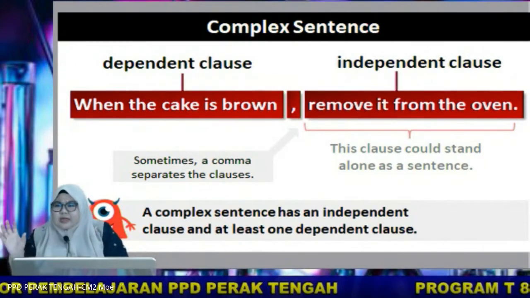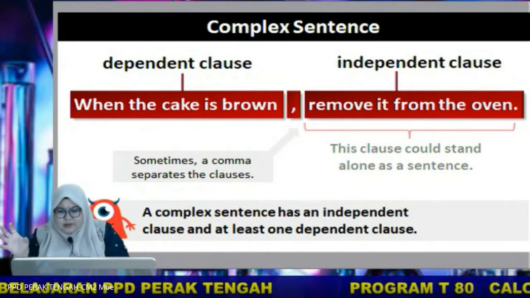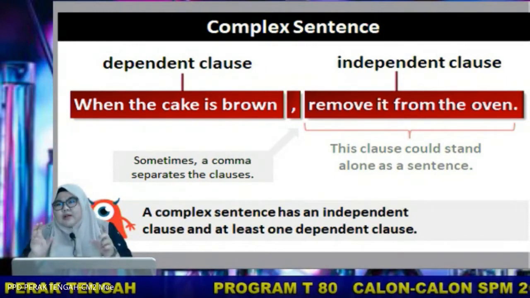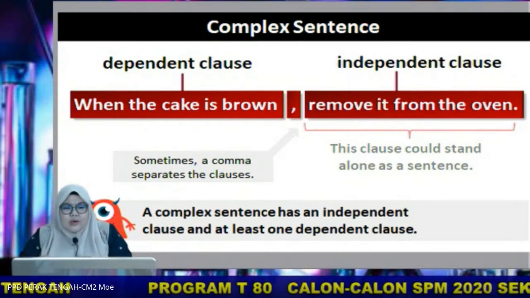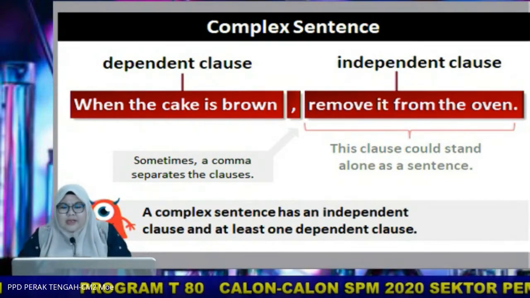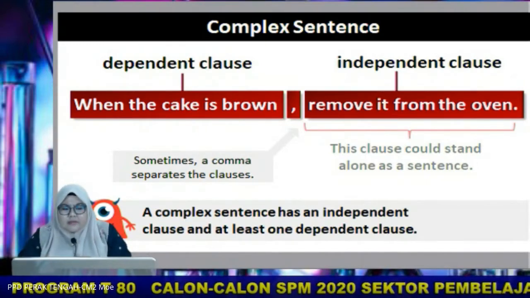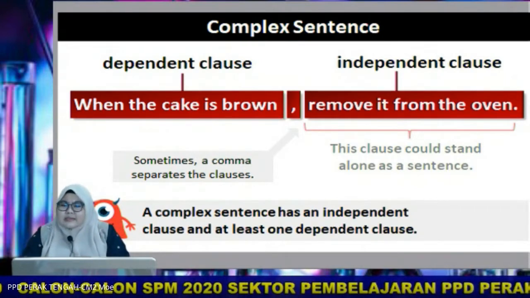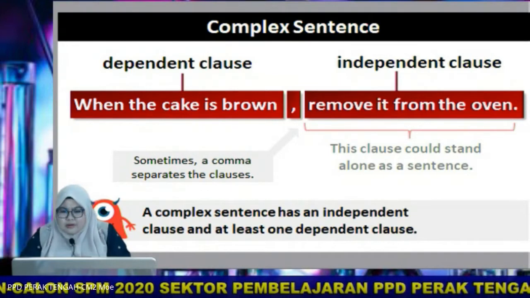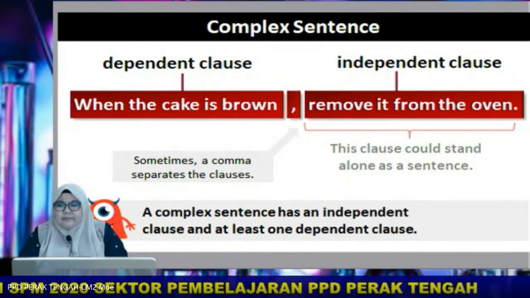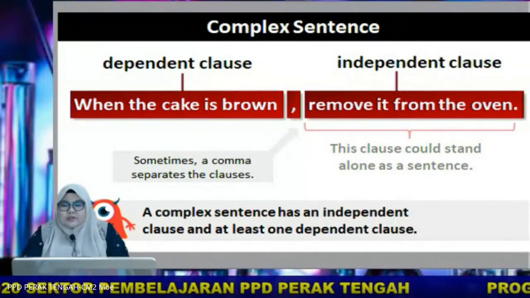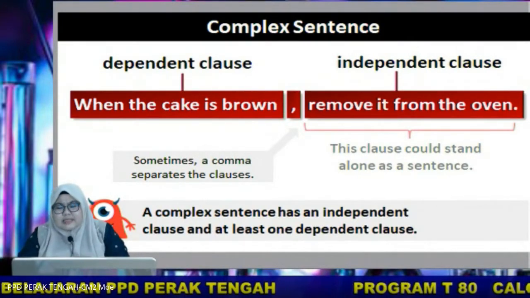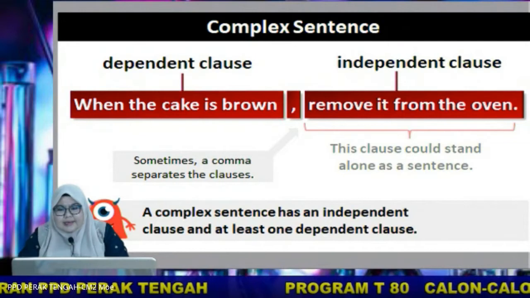Only that can stand on its own, so that's why we need the dependent clause there. This is why we call this a complex sentence: "When the cake is brown, remove it from the oven." So a complex sentence has an independent clause and at least one dependent clause. All right. So apply complex sentences and also compound sentences for your summary writing.